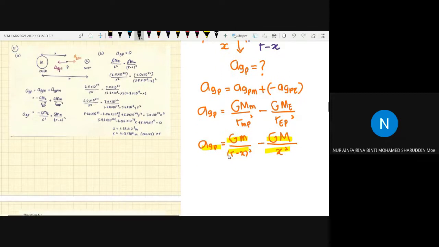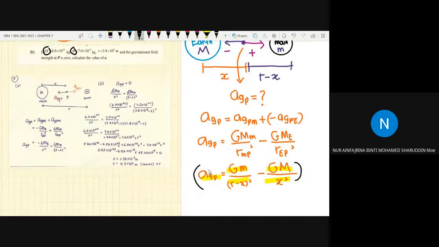Untuk soalan ni awak boleh continue daripada expression ini. Dia cakap kalaulah dekat point P ini gravitational field strength dia kosong, what is your X? Itu persoalan dia.